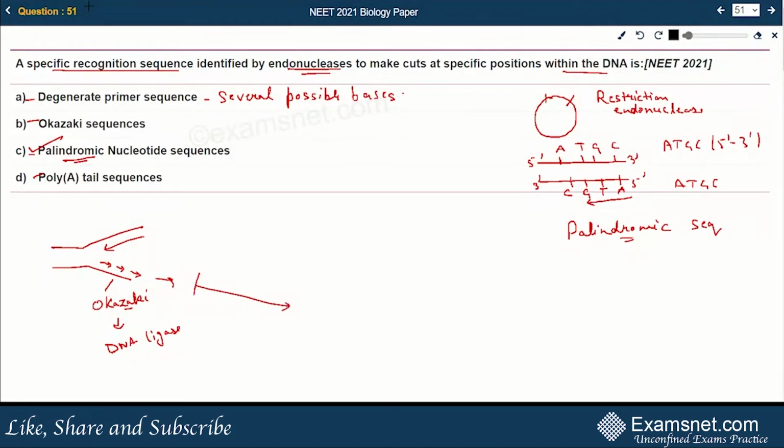Now, what are polyadenylate tail sequences? Polyadenylate tail sequences basically consist of a large number of, about 200 to 300, adenylate residues. Therefore these are known as polyadenylate tail.